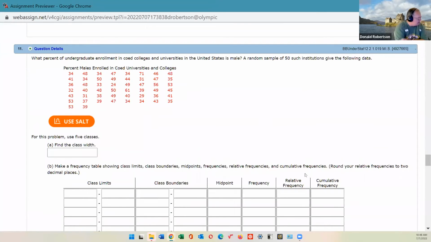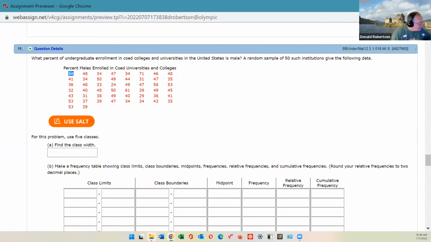Okay. Here we go. Using SALT again. A whole load of data. And it's the percentage of males enrolled in co-ed universities and colleges. This is interesting data. I'm going to do that question in a minute, but since this is kind of interesting to me at least.